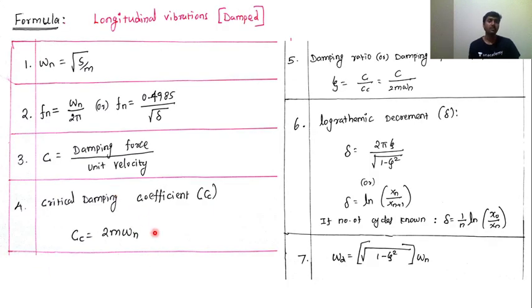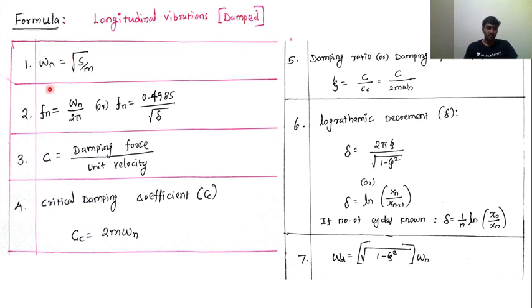Now, it's a one-page formula sheet. These formulas are more than sufficient to crack the problems on longitudinal damped vibration as well as undamped longitudinal vibrations. Coming to the first formula, omega n is equal to root of s divided by m.